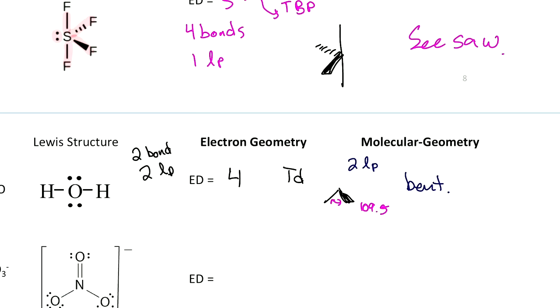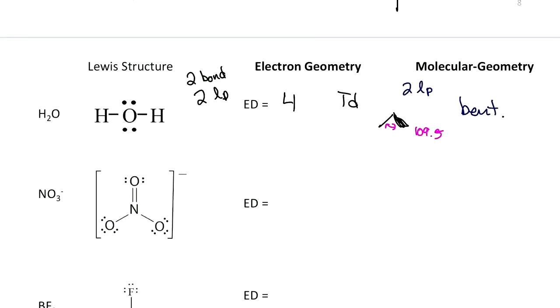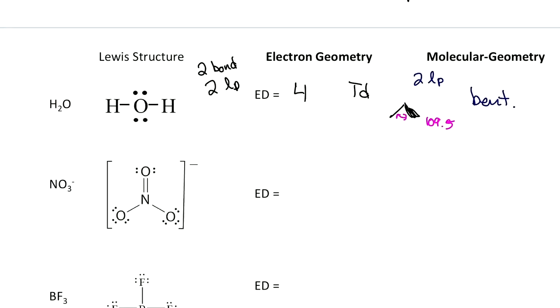Okay, so let's keep going. The nitrogen. What is its electron domain number? 3, yes, where the double bond counts as one bonding domain, and the 2 single bonds count as one bonding domain, so it's 3.